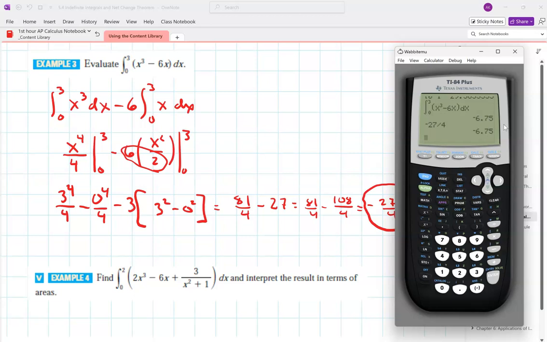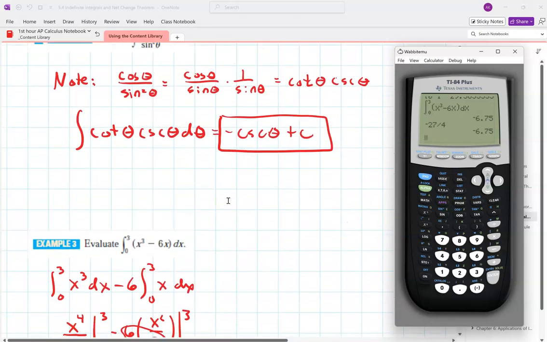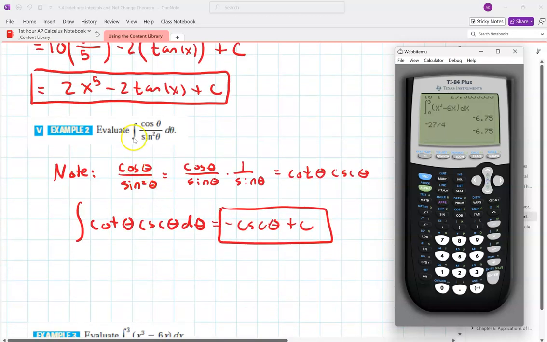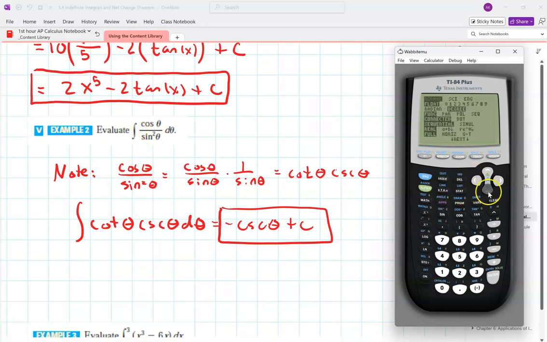So far, so good. I want to point out to you that, if you're careful, you could use this also as a checker for your indefinite integrals. So for example, if I did this one and I wasn't sure if I did this correctly. Want to make sure I'm in radian mode here.